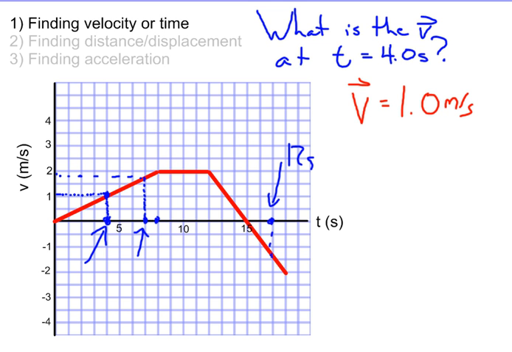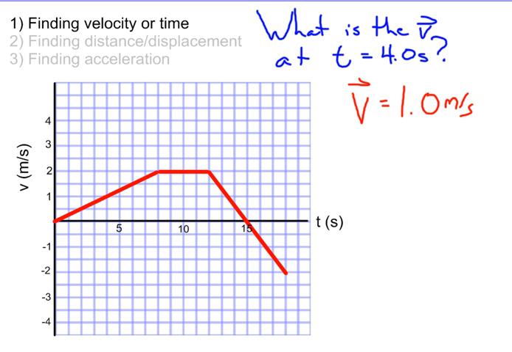The velocity looks like it's close to, not quite 1.5, maybe 1.4 meters per second. So to find velocity once you're given the time, you simply have to read it off the graph. Similarly, when it comes to finding a time for a given velocity, we'll read it directly off the graph.